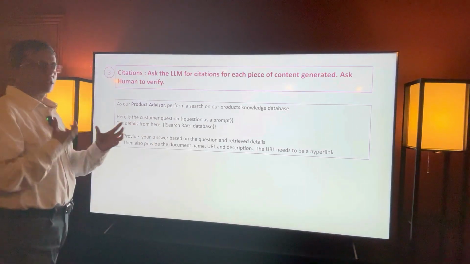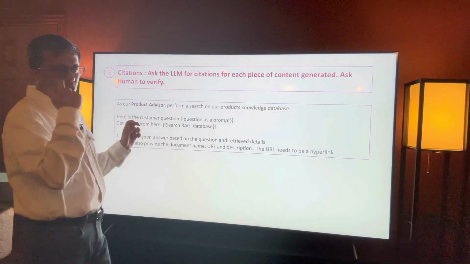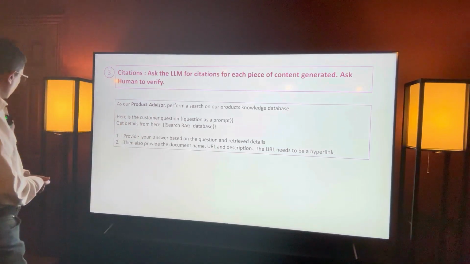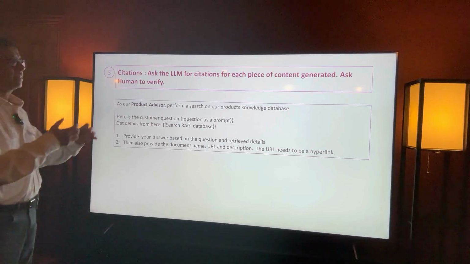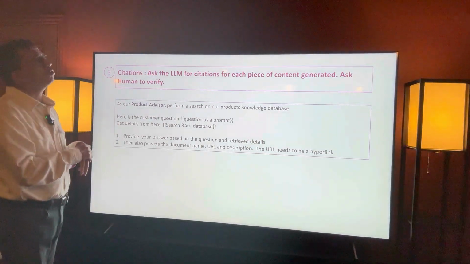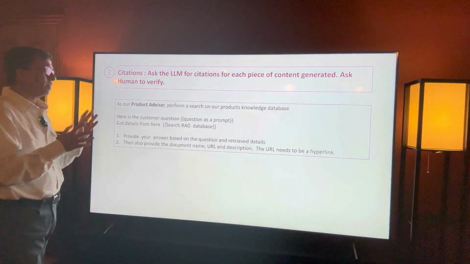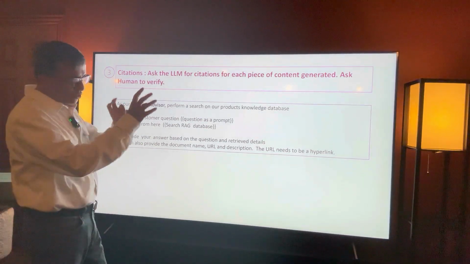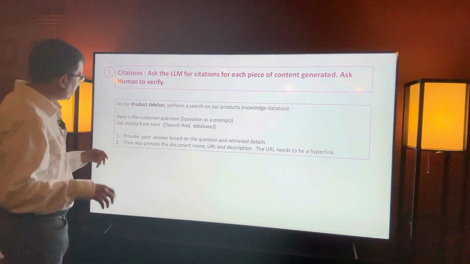If it's your internal enterprise app, it might be a link to your RAG system or S3 bucket or whatever. That way a human can read the answer, and if the human thinks this doesn't look okay, they can go to that link and verify the generated content against the truth.